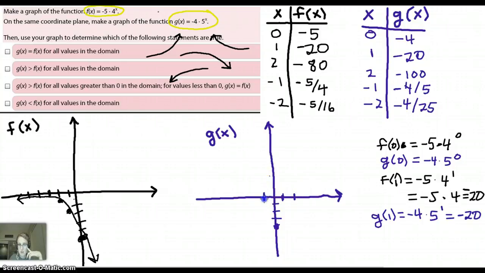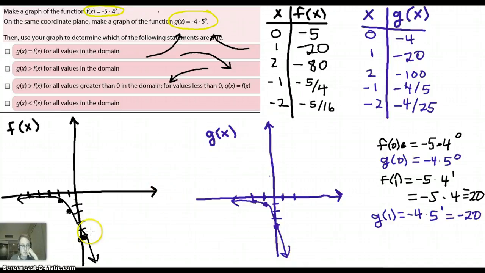When x is -1, we have y is -4/5, which is just shy of 1 itself. A point about there. When x is -2, we're going to go down even less. So it'll be a point like that. So this graph will look very similar, except it approaches 0 faster than the other.